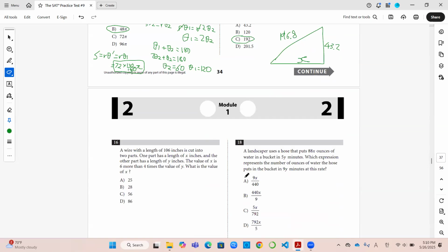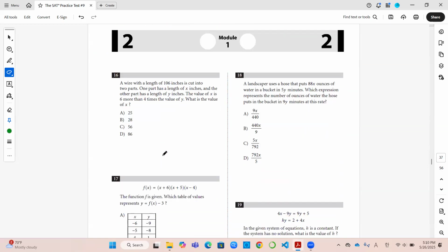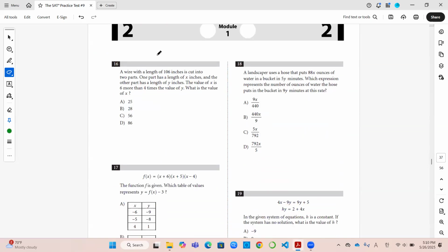Okay, moving on to question 16. A wire with a length of 106 inches is cut into two parts. One part has a length of x inches and the other part has a length of y inches. The value of x is 6 more than 4 times the value of y. What is the value of x? So I'd like to write this out.